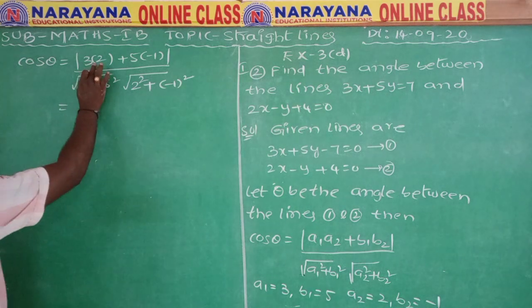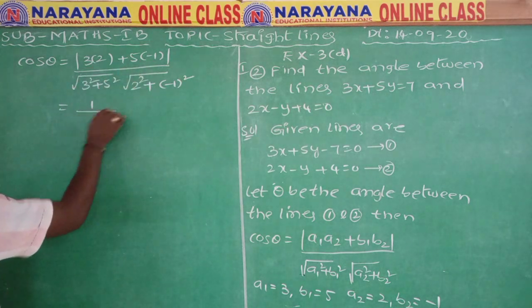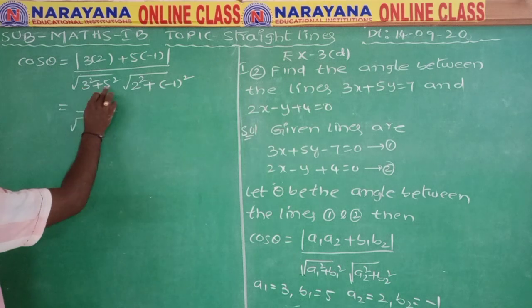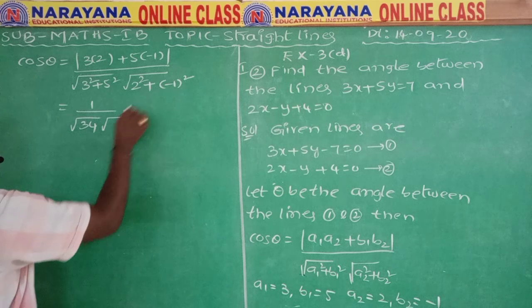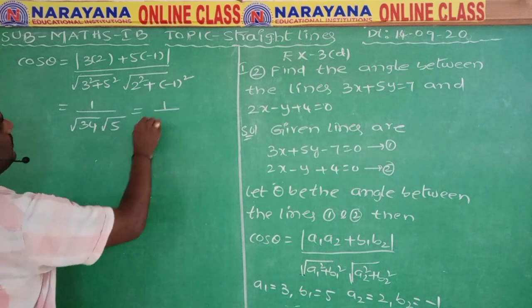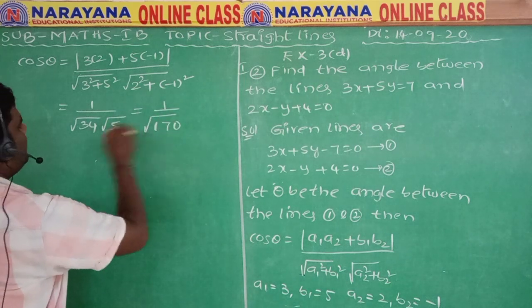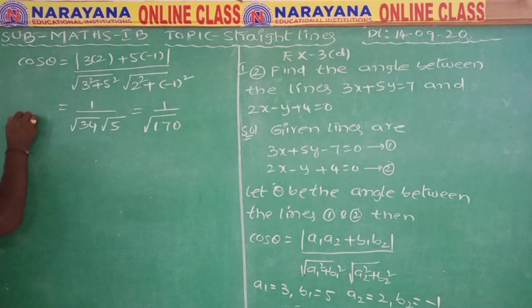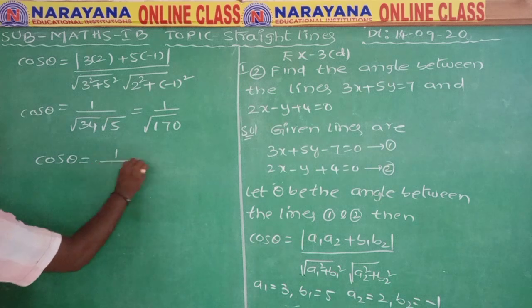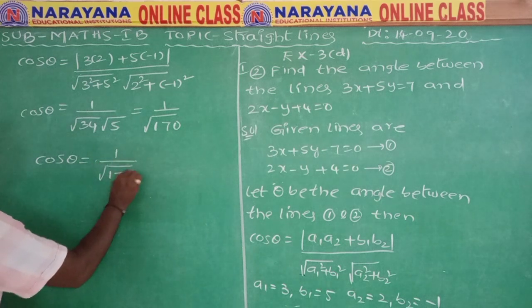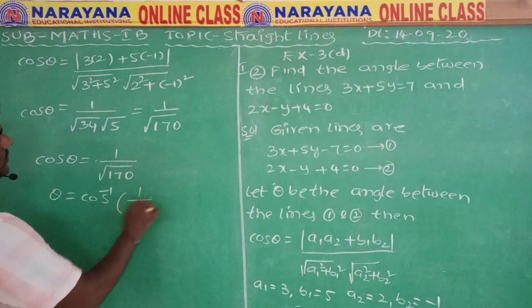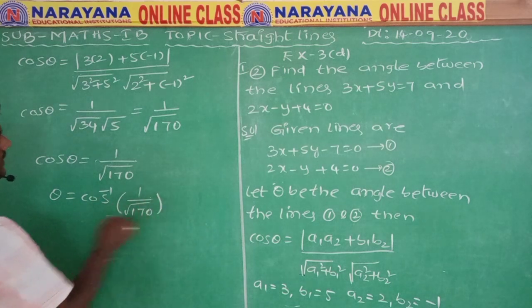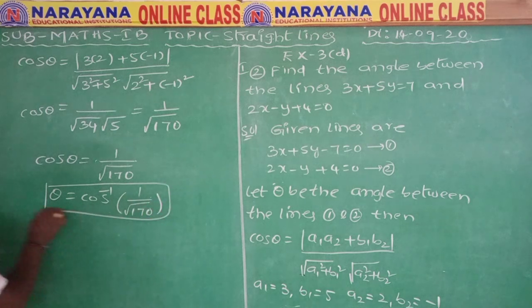That means (6 - 5) = 1, by root over (9 + 25) = 34, times root over (4 + 1) = 5. That is 170. Then cos theta is equal to 1 by root 170, so theta is equal to cos inverse of 1 by root 170. That is the required answer.